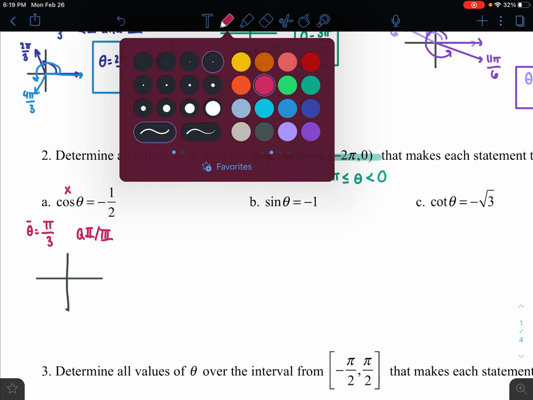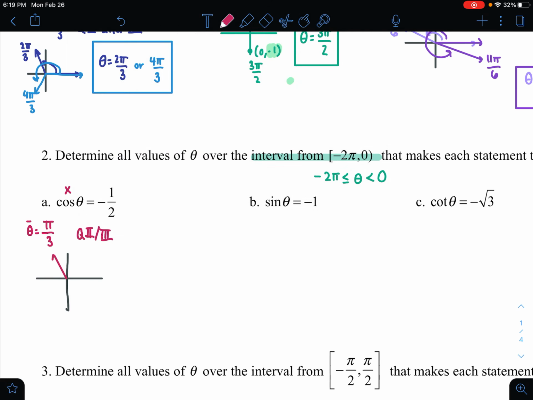So if we think about this, at 2 pi over 3, if it was positive, it would reflect, or if I made it negative, it would reflect into the third quadrant. So technically, this is negative 2 pi over 3. Okay, that satisfies the interval, so we know that it's in quadrant 3, and it has a reference angle of pi over 3, so negative 2 pi over 3 will be one of our solutions.